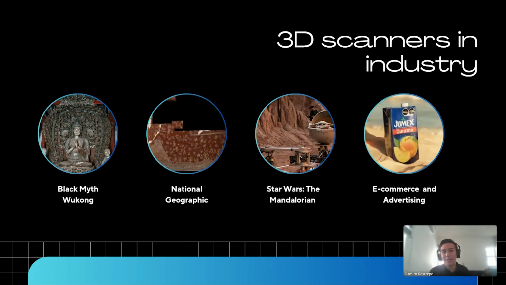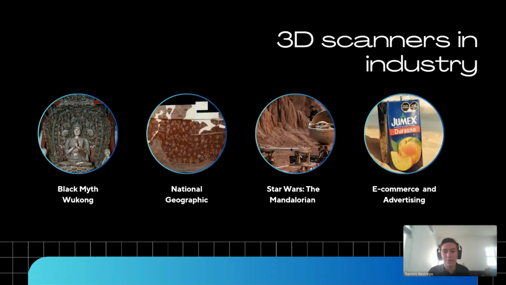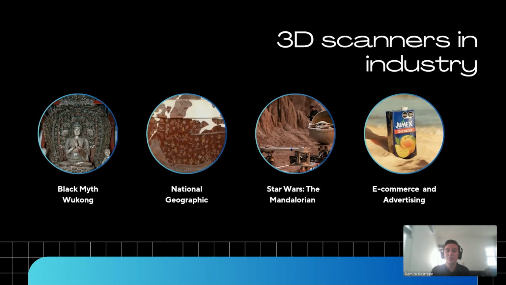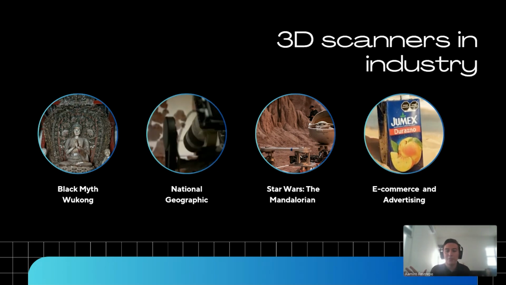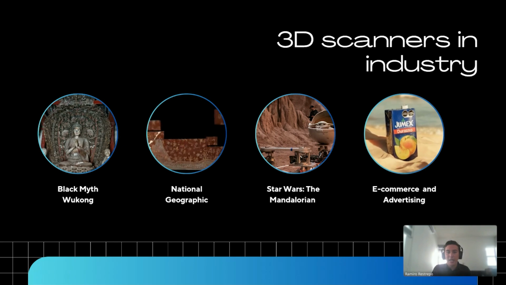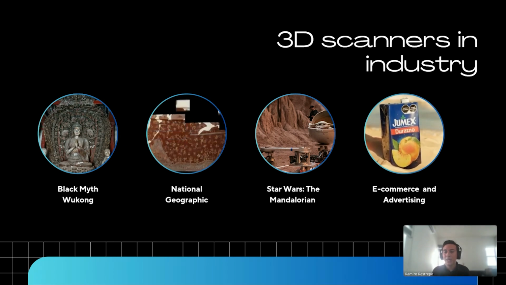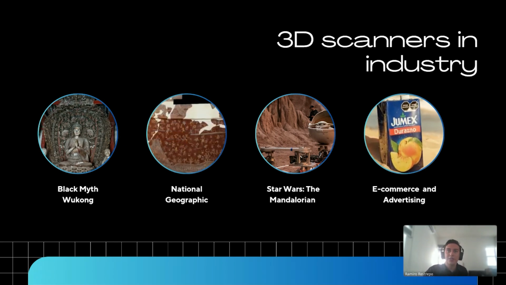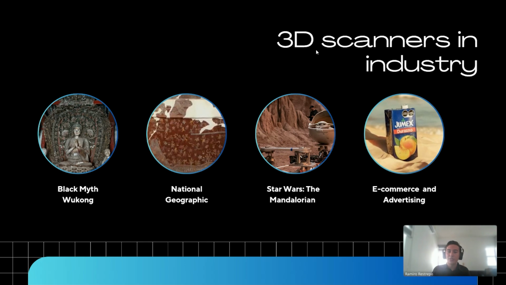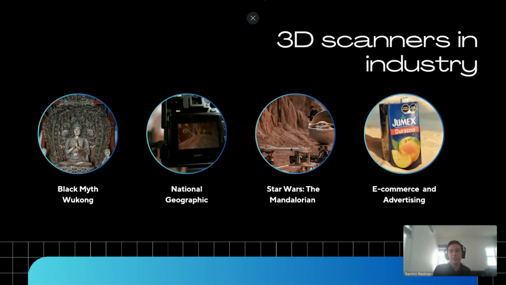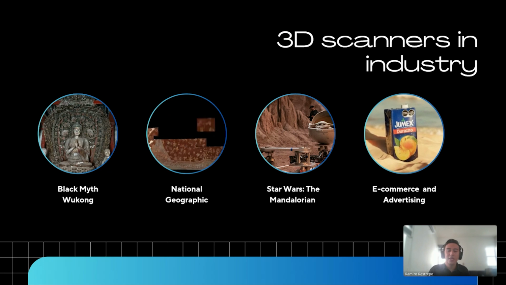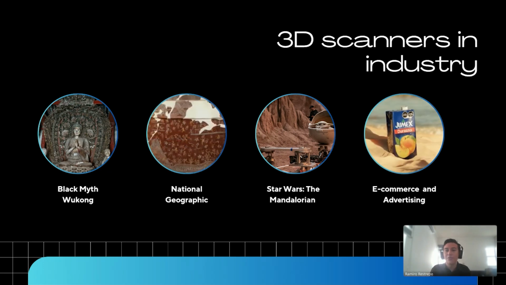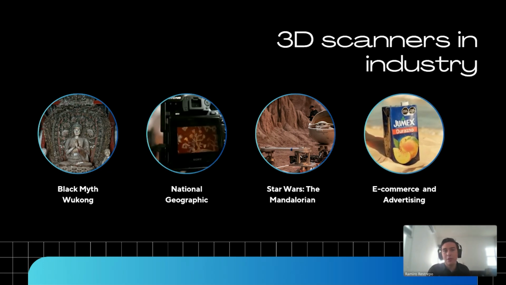And also, in the famous Star Wars series The Mandalorian, it is used to create all these amazing environments that we see in camera. Also, in e-commerce and commercials, you can increase your sales by showing your 3D models in 360 degrees. It's a better view of your products or commercials.